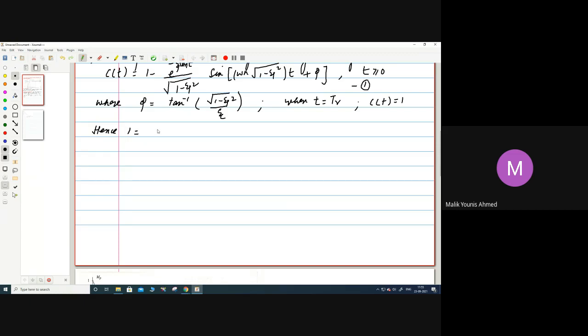That means 1 will be equal to 1 minus e to the power of minus xi omega n t divided by under root of 1 minus xi square, multiplied by sine of omega n under root of 1 minus xi square into t plus phi.